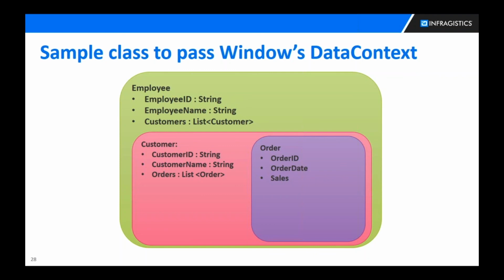So each customer has the list of the orders, and each order has three properties again: order ID, order date, sales. So if you have a business class or a data class like this, you can bind this employee class instance to your window so that each UI can use data binding to leverage those data.